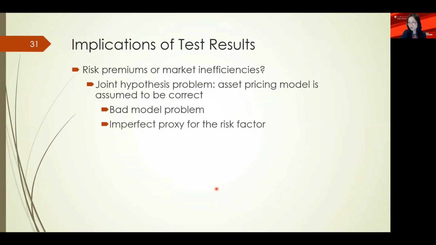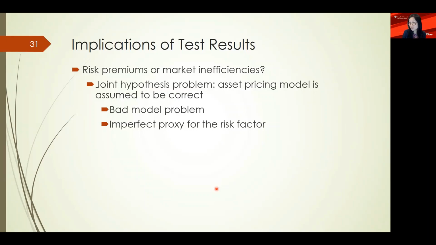And the second criticism by many researchers is that we may not have the right factors. Even if our theory shows there may be 1 factor, 3 factors, 5 factors, all the factor returns and premiums are proxies. For example, we use the S&P 500 or the total market index as the market factor, but the market factor is the value-weighted index incorporating all risky assets, not just stocks.